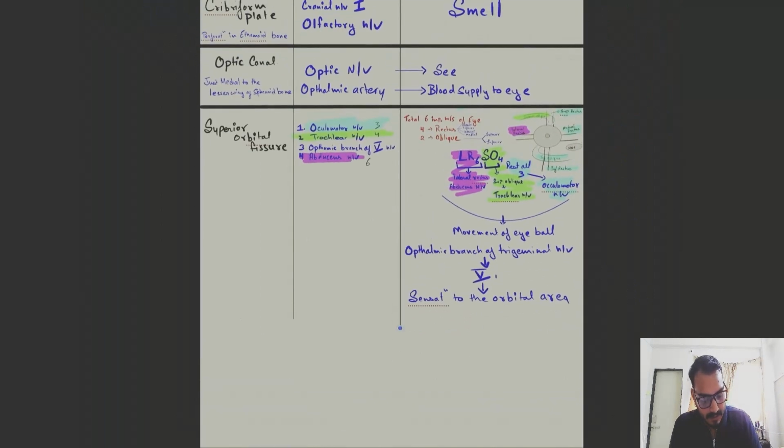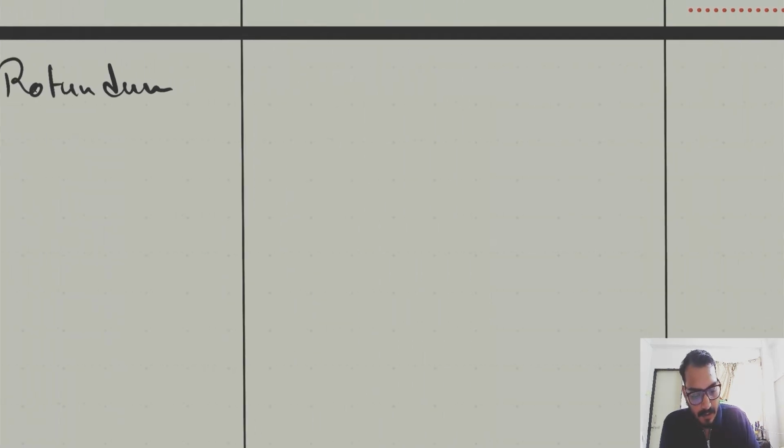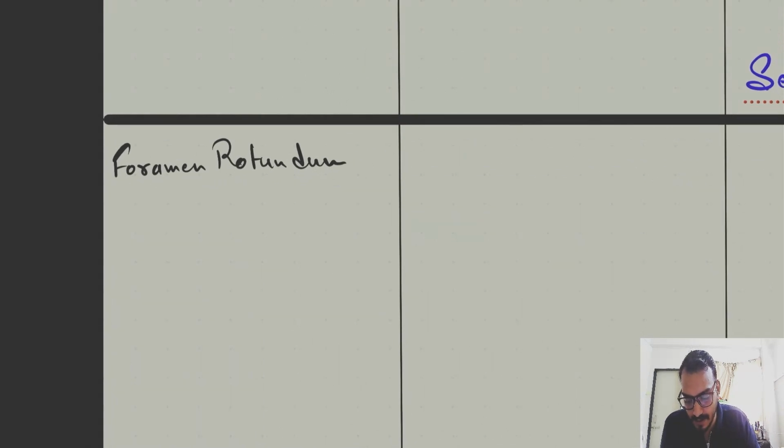Next is foramen rotundum. This foramen rotundum is also a very important structure. Why is it a very important structure?